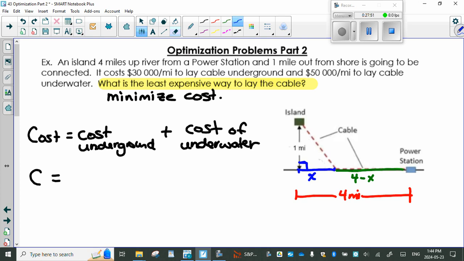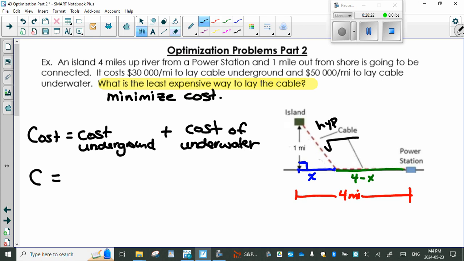And now I'm deciding, okay, I'm going to cut off being underground at 4 minus x, whatever x is. Now I'm going the rest of the way underwater. How can I figure out how long the hypotenuse is? Use Pythagorean theorem. So this is x and this is 1. So this side's going to be the square root of x squared plus 1 squared?